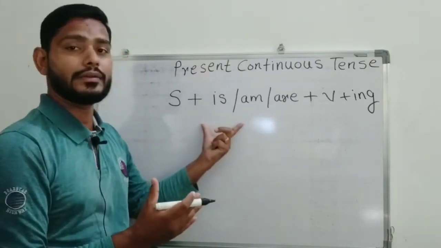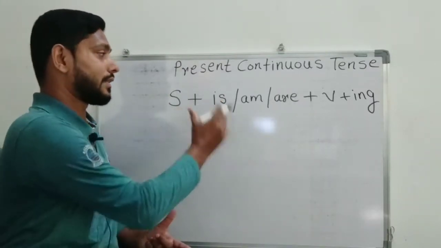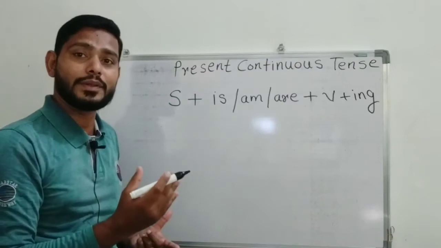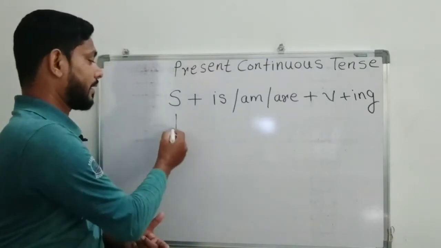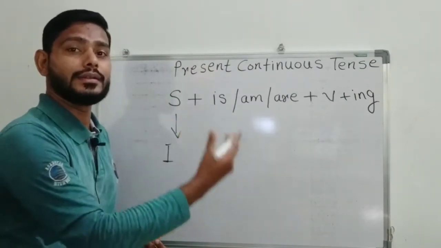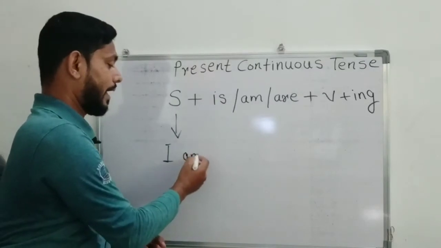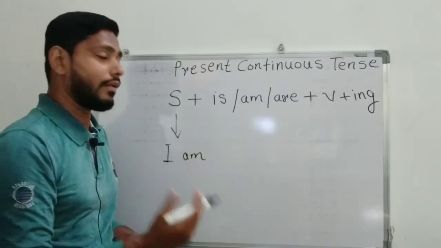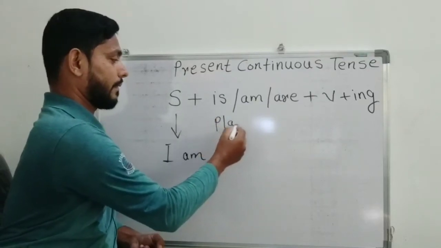First of all, here is the example of the basic structure of present continuous tense. Let's take one example to make this concept very clear. Let's take the subject as I, and you know the be form of the verb with I is always am. Let's take a verb here, play.